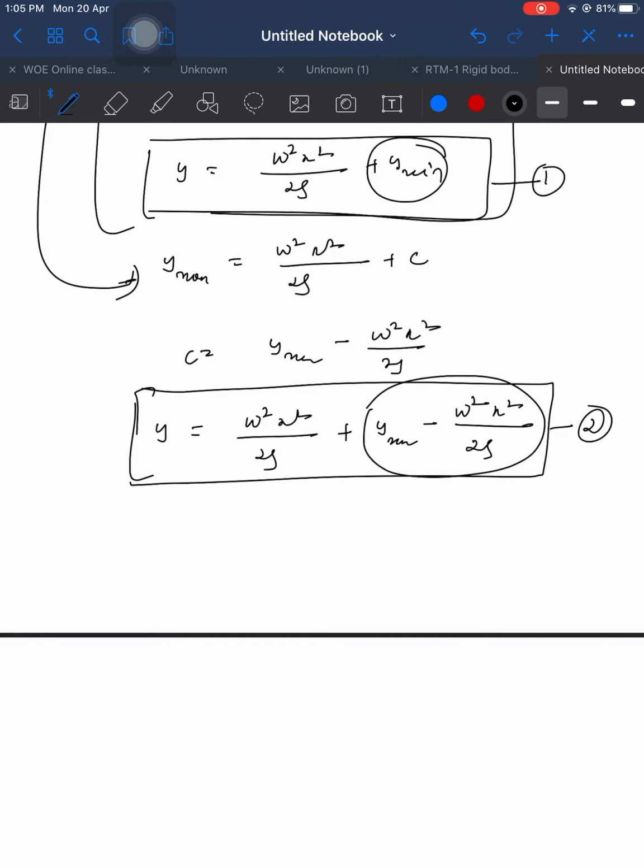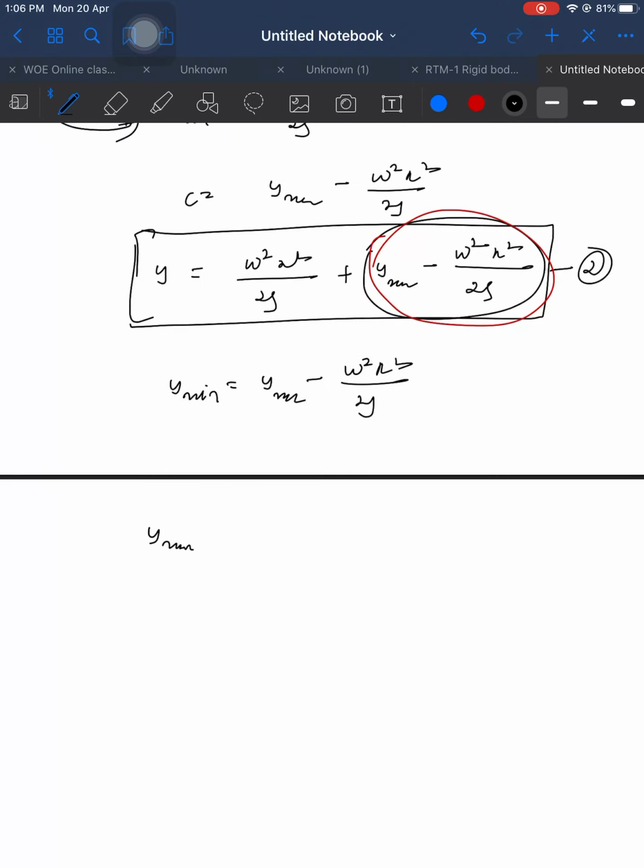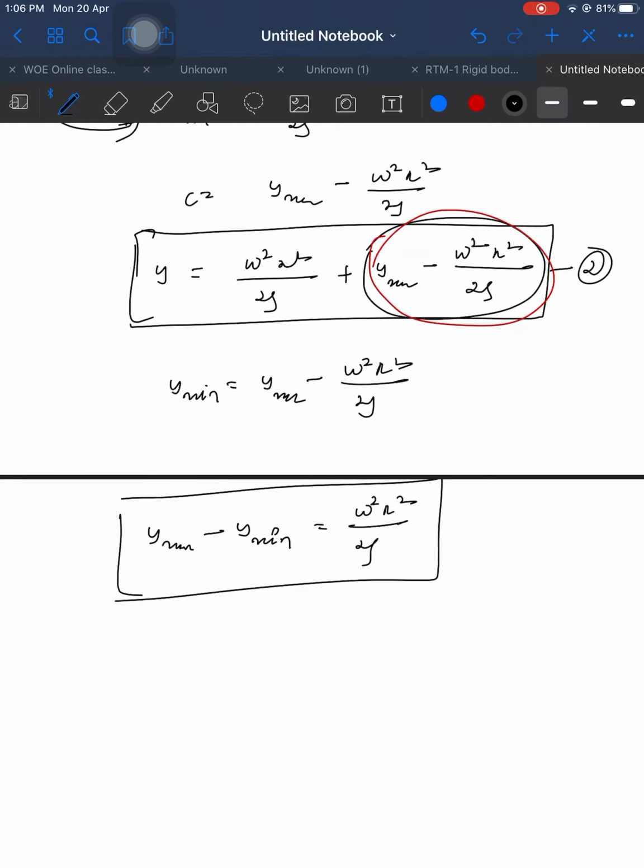C is same anyhow. So y minimum is equal to y max minus omega square r square by 2g. So y max minus y minimum is equal to omega square r square by 2g. This is the third expression.